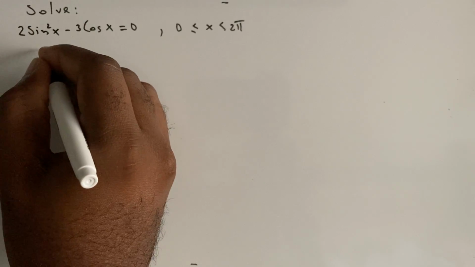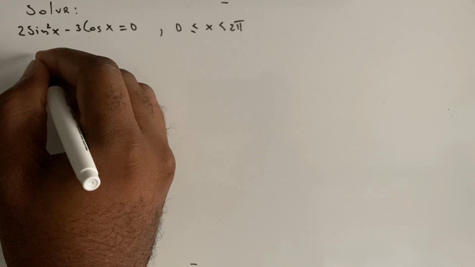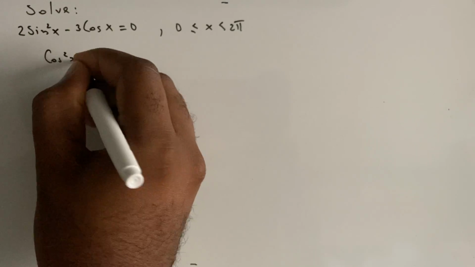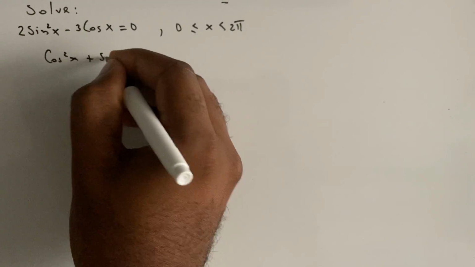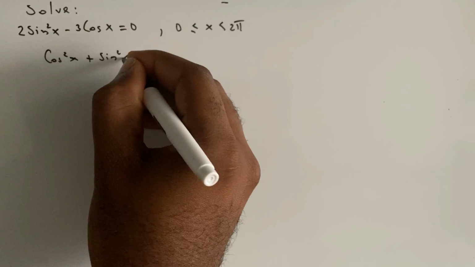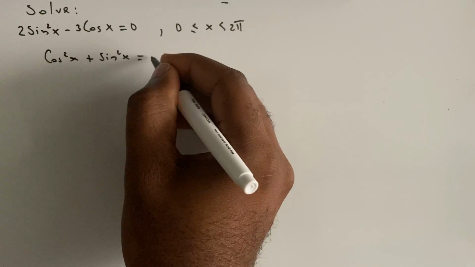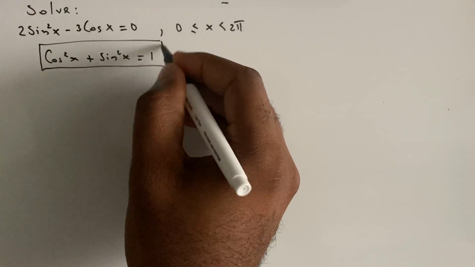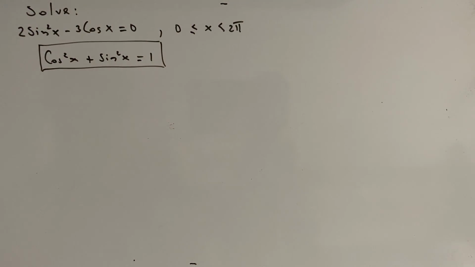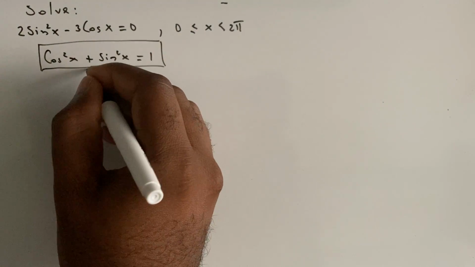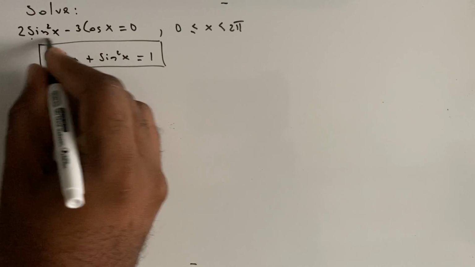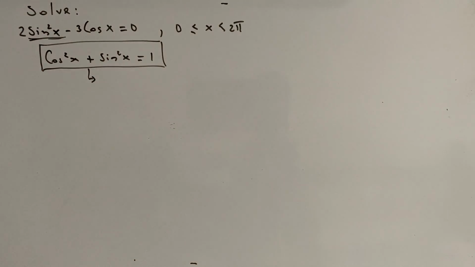One identity I know, because I have sine squared here, is cosine squared x plus sine squared x equals 1. This is one identity we know. Then if we know this, we can derive sine from it, because I need to get sine in terms of cosine.